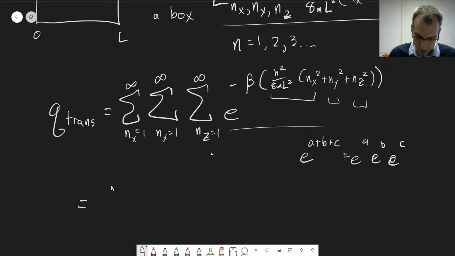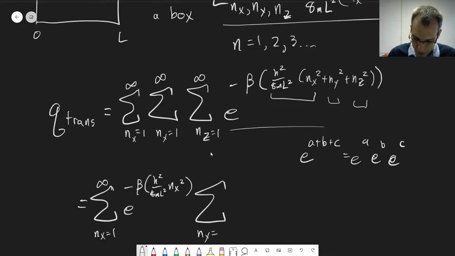All right, so we're going to have the sum from nx equals 1 to infinity, e to the minus beta times h squared over 8ml squared and nx squared. Then we'll have a separate sum for ny that will look basically the same, except we'll have y instead of x, e to the minus beta h squared over 8ml squared and ny squared.